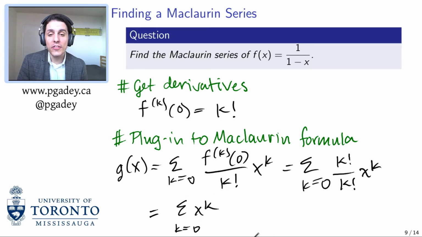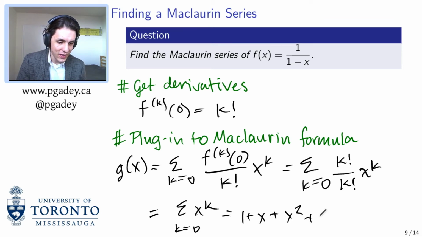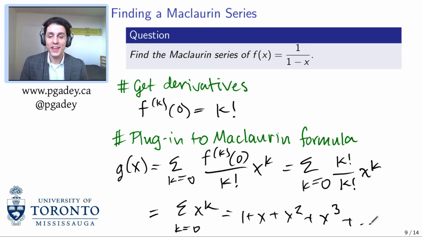The sum of all of the powers of x. So we get 1 plus x plus x squared plus x cubed. So the Maclaurin series of 1 over 1 minus x is 1 plus x plus x squared plus x cubed, and so on and so forth. We get an infinitely long series that represents the function 1 over 1 minus x.